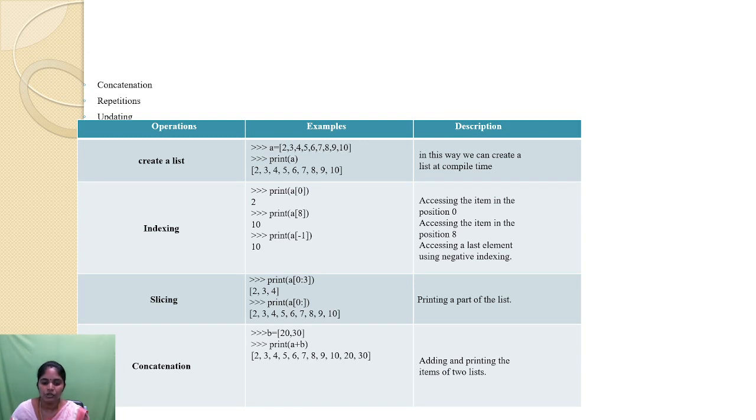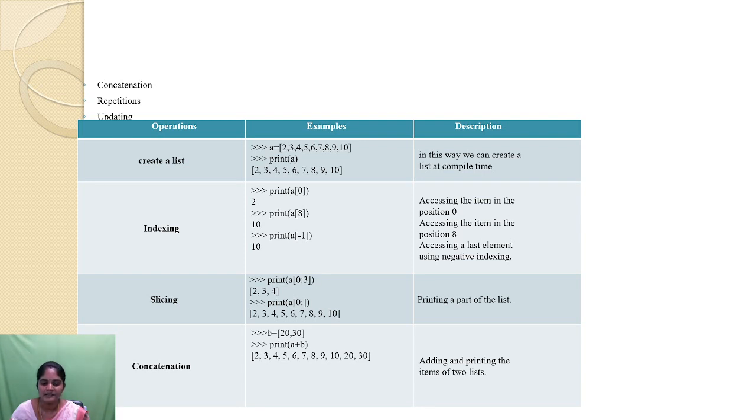Here I can show 3 examples. First one, print A of 0. The element at index 0 in the A variable is 2, so that value is produced as the output. Next, the index value is 8, which is the position 8.